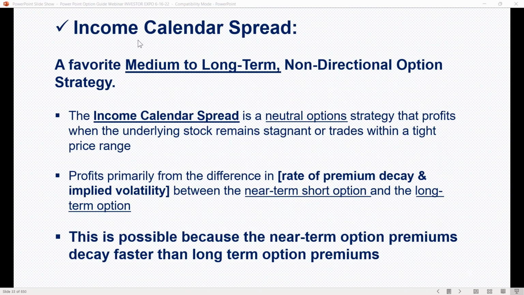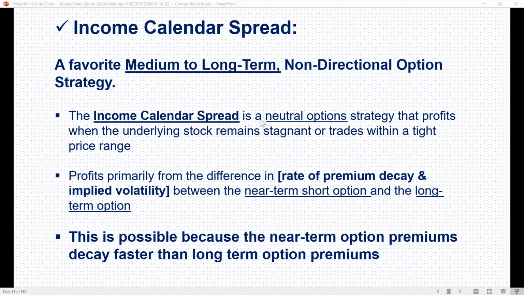Now, the other favorite that I like to use from time to time, and again, these all depend on the market environment you're trading and the chart pattern or cycle that you're in, is what we call the income calendar. It's a really great medium to longer term non-directional option strategy.